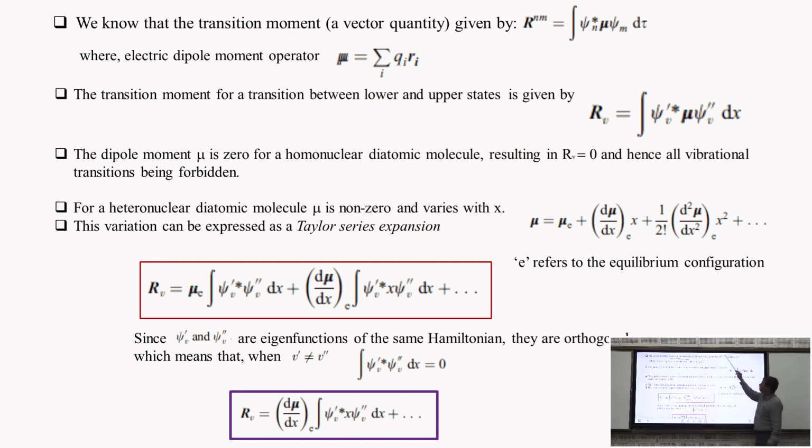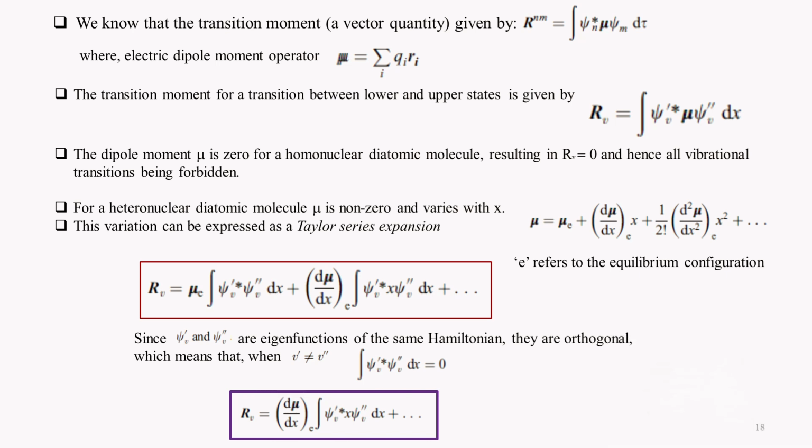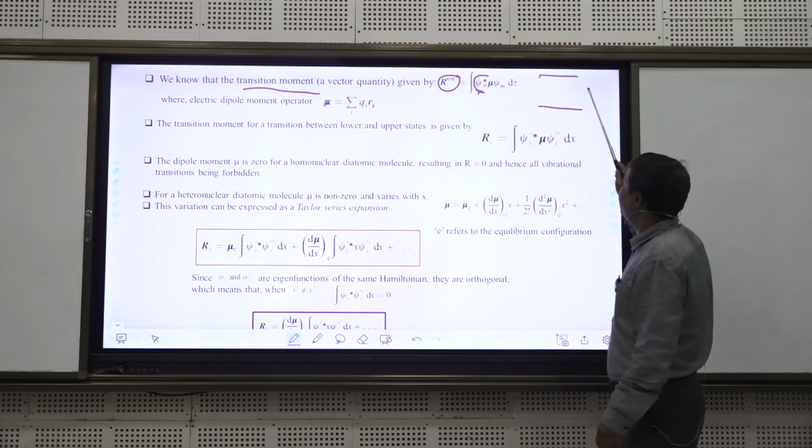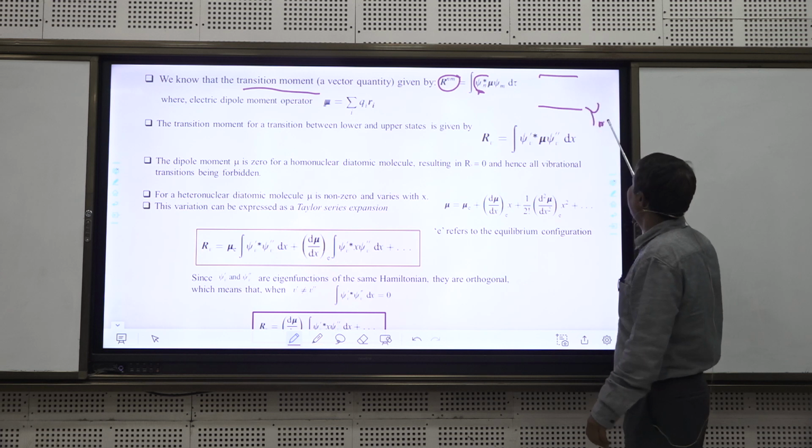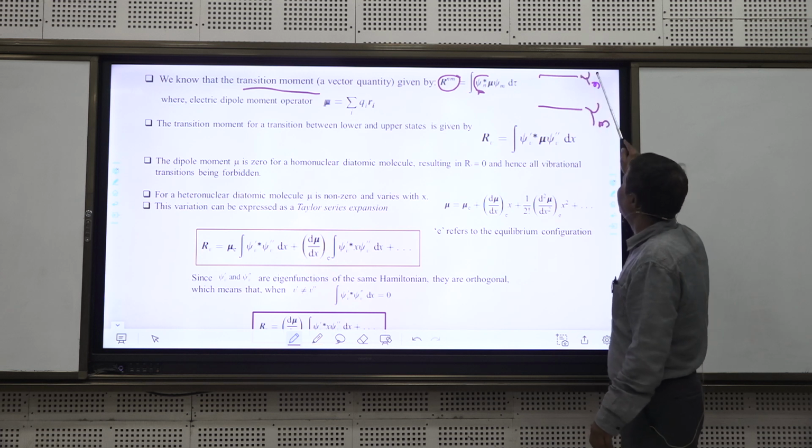So what is the transition moment? Think of the transition moment between the two states, M and N, where N is the excited state.